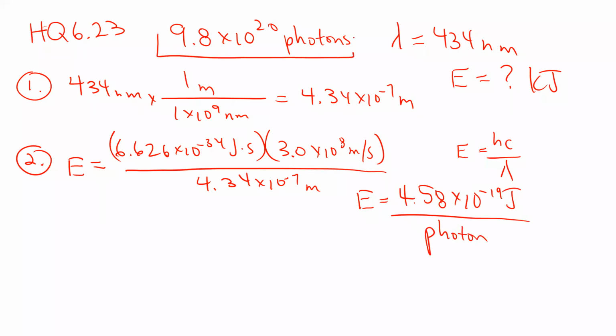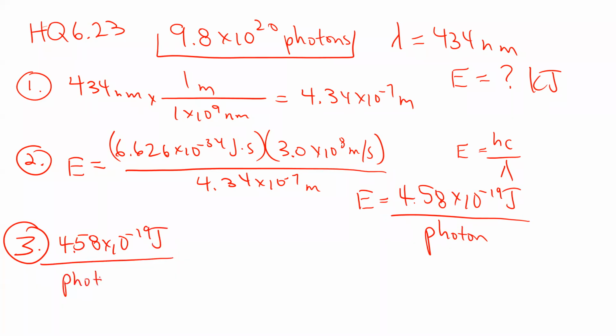We release 9.8 times 10 to the 20 photons, right, with this lamp. So, all right, I've got 4.58 times 10 to the minus 19 joules per photon. I release 9.8 times 10 to the 20 photons.